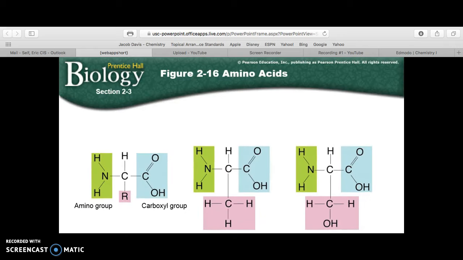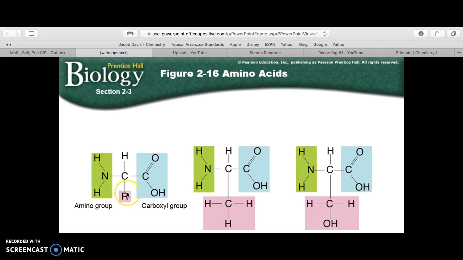So some important amino acids here in proteins, and proteins are just the building blocks of muscle. The general structure is you've got an amino group over here, the NH group. It's called an amino group. You have a carboxyl group over here in the blue, and then you have something called an R group, and we'll talk more about that in a moment.